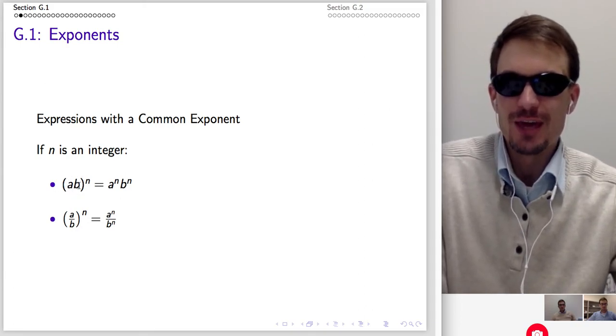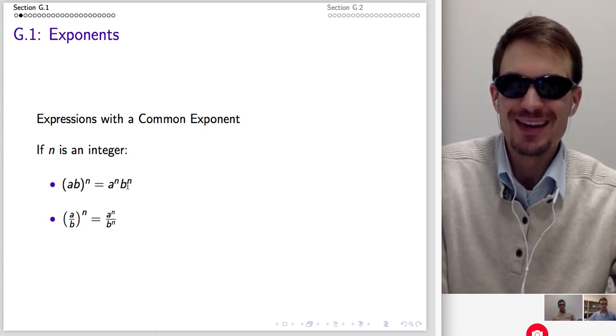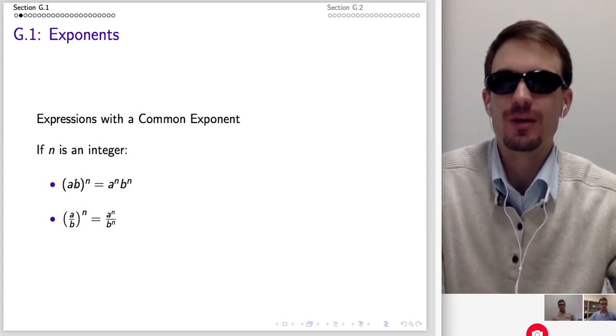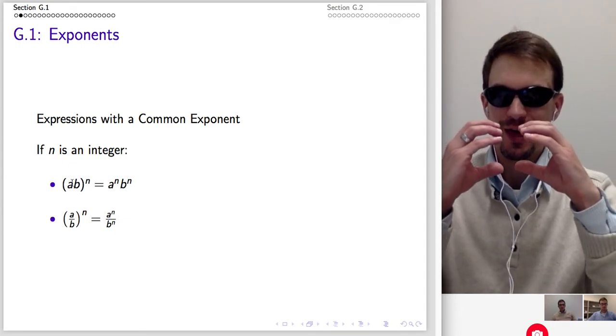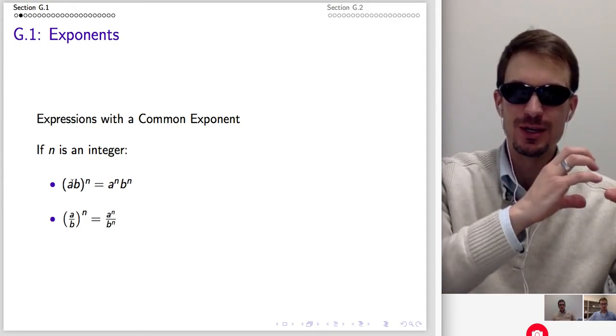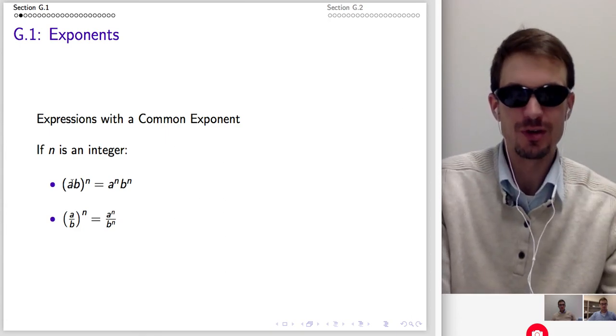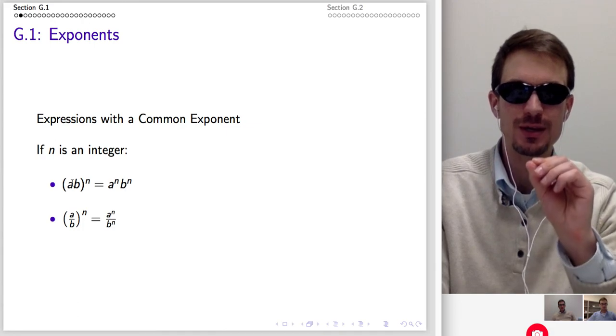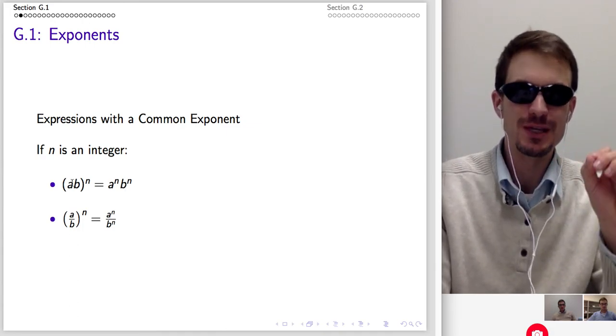And what this product ab is doing, well, it's being multiplied by itself n times, right? So think about if this was ab to the second. Well, then what we'd have would be the product ab times the product ab. So actually write that out on your paper. And then you'll see, because multiplication is commutative, we can go a times b, and rewrite that as a times a times b times b.